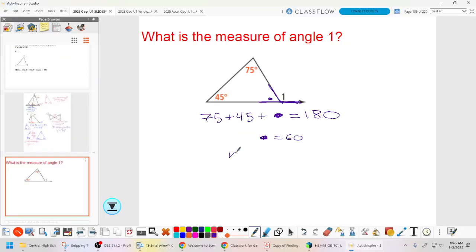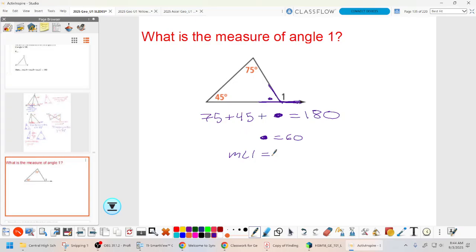And now we can find the measure of angle 1, which is what, Morgan? Kind of figured. How about you, Alexis? Can you help us out? With 180 as well.